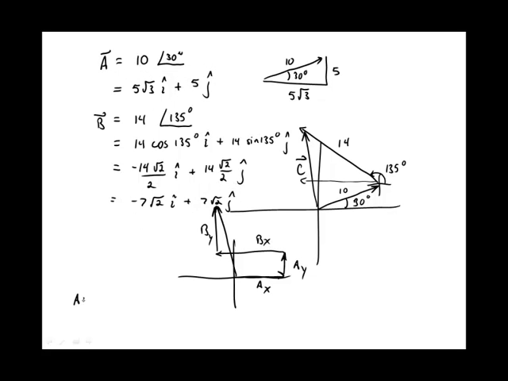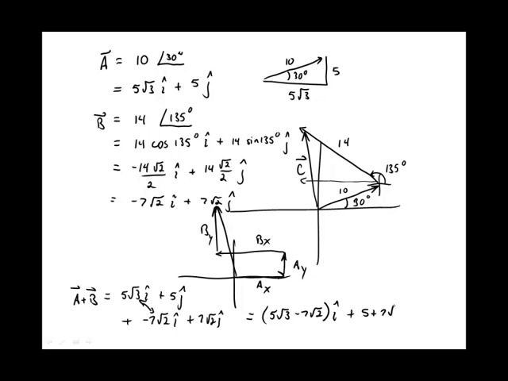And so a plus b is going to be 5 radical 3 in the i direction, plus 5 in the j, plus negative 7 radical 2 in the i direction, plus 7 radical 2 in the j direction. And so that will end up being, the i hats will go together, 5 radical 3 minus 7 radical 2 in the i direction, plus 5 plus 7 radical 2 in the j direction.